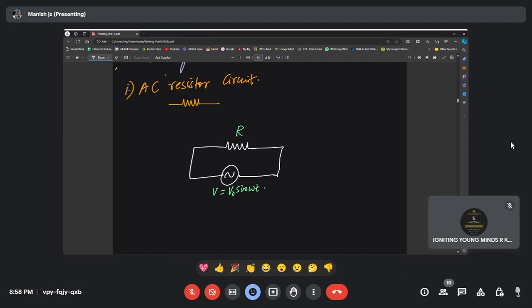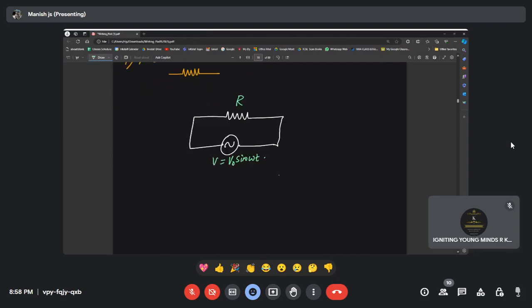So the potential difference across all the components inside the loop is zero. Using that, I get V naught sine omega t equals I, the current flowing through this, generalizing, into R. So we express it like this.